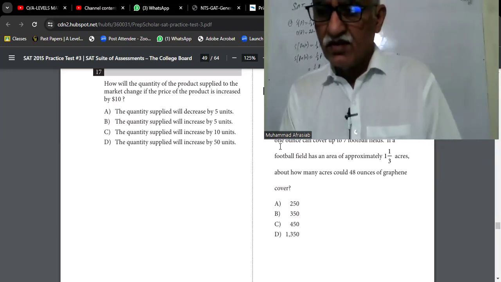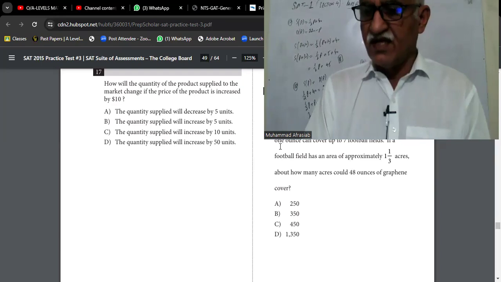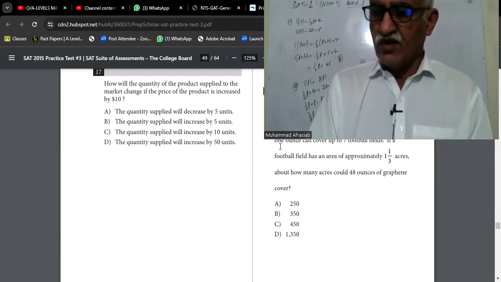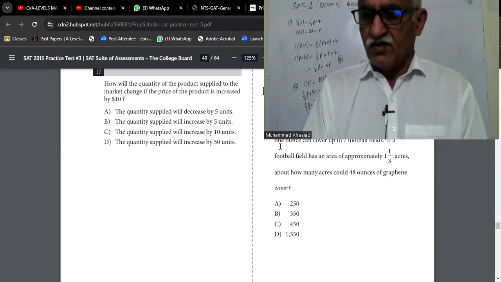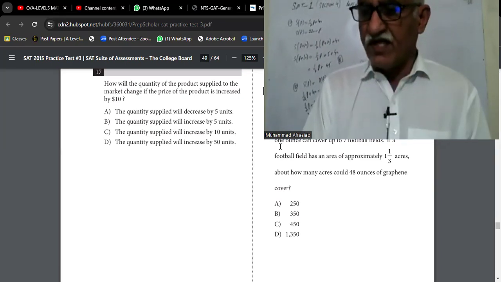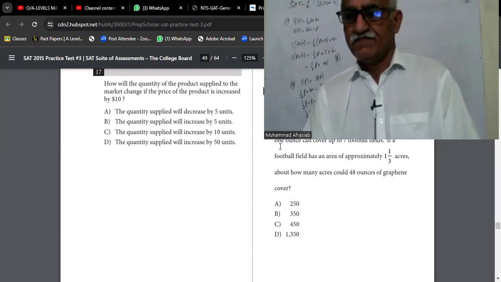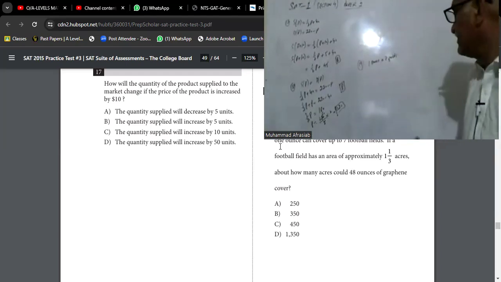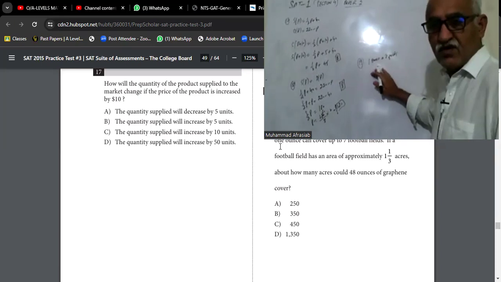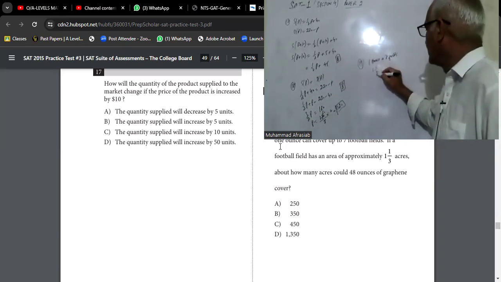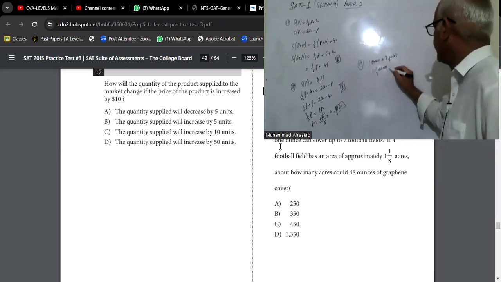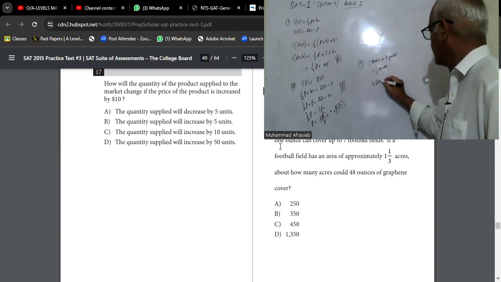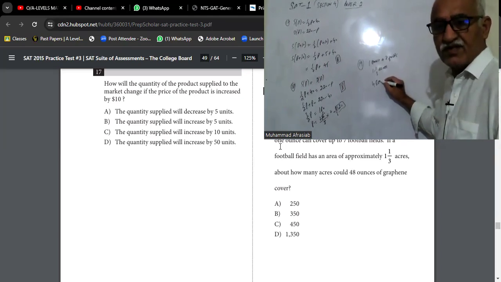If a football field has an area approximately equal to 1 and 1/3 acres, about how many acres would 48 ounces of this graphene cover? That is, how much is it? One and 1/3 acres, and there are 48 ounces.